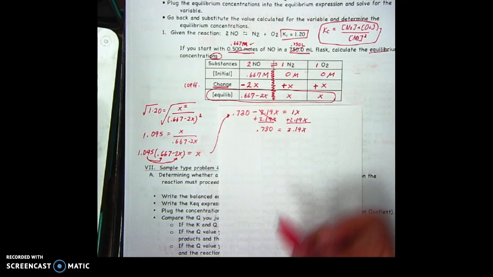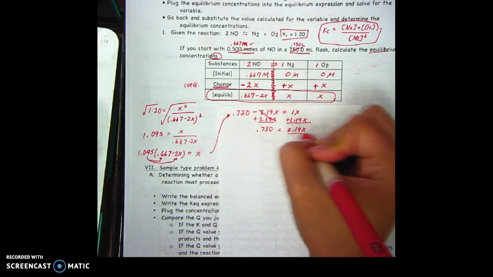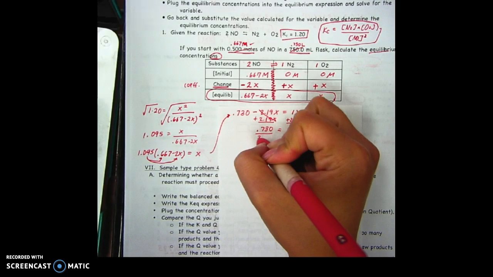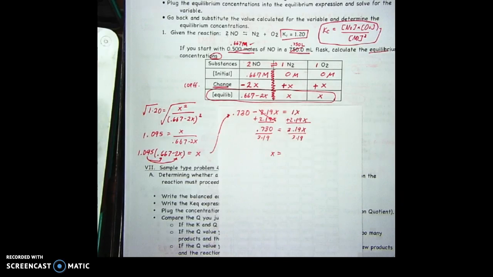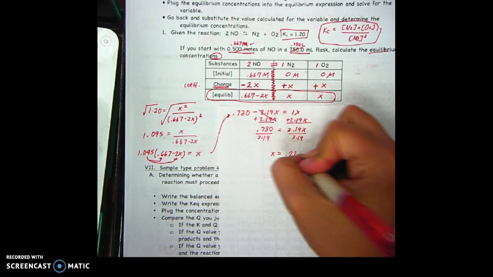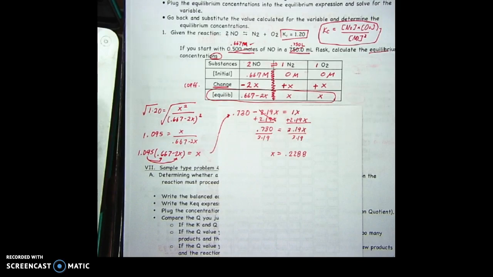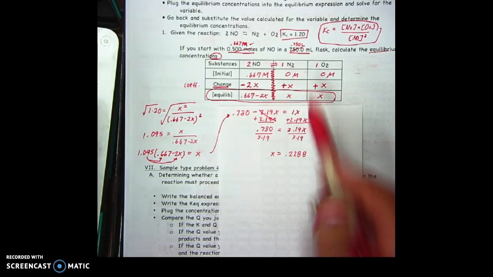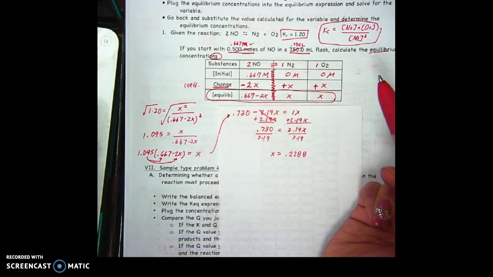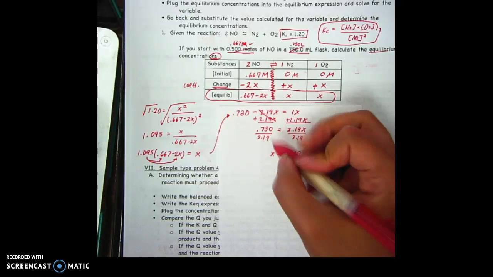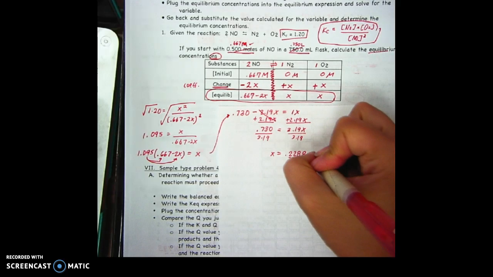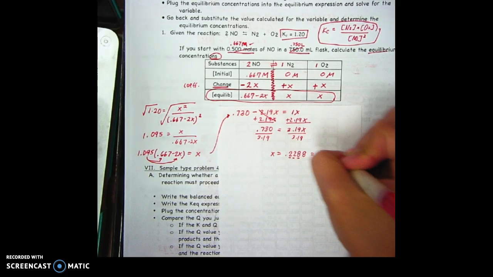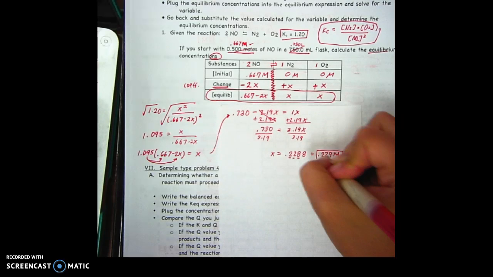And to get x all by itself, we're just going to divide by 3.19, and 0.730 divided by 3.19 gives us 0.2288 as our x. And let's check to see how many significant figures we're going to need. 3, 4, so it looks like 3. So 3 is good. So we get 0.229 molarity here for the x.